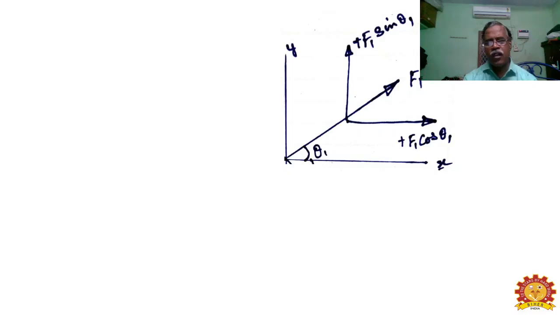Since it is falling in the first quadrant, the y-axis will be positive and the x-axis also positive. That is why I have taken F1 cos theta 1 and F1 sin theta 1. Always remember, the vertical forces will be taken as sin theta and horizontal forces as cos theta, since the angle theta 1 is considered with respect to the x-axis.